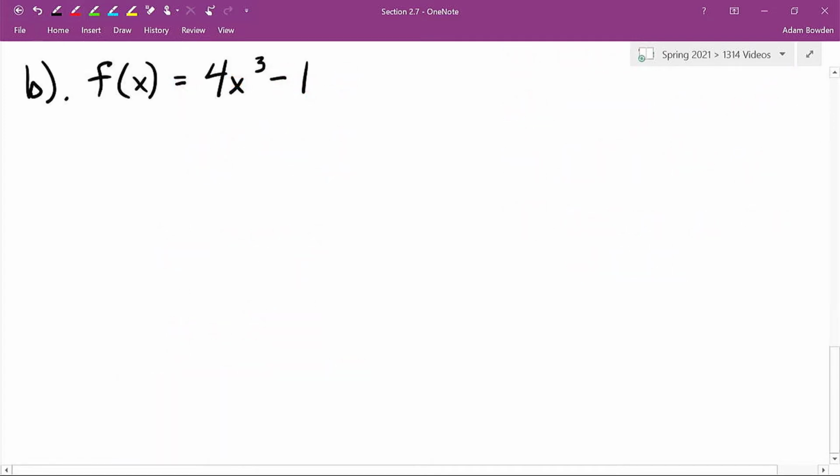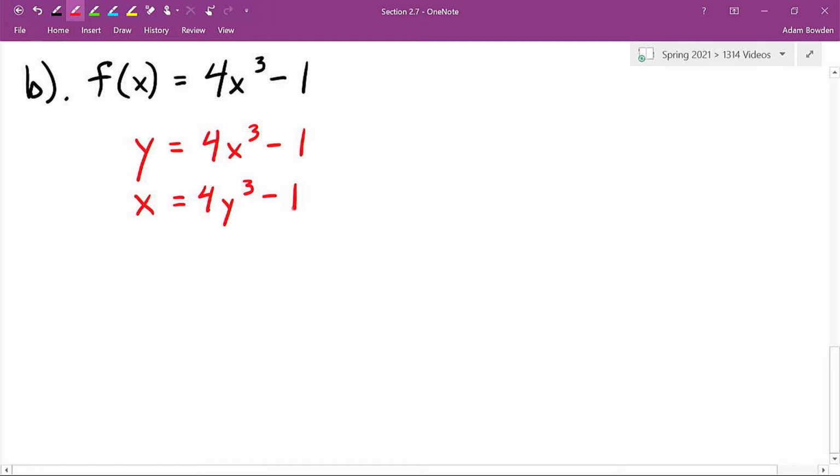For this one, f of x equals 4x cubed minus 1. I'm going to follow the same set of steps from the last one. First thing to do is to write y equals 4x cubed minus 1. Then step 2 is to swap x and y, so it'll be x equals 4y cubed minus 1.